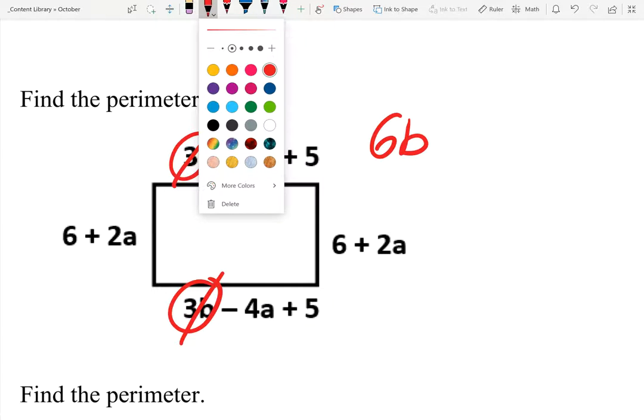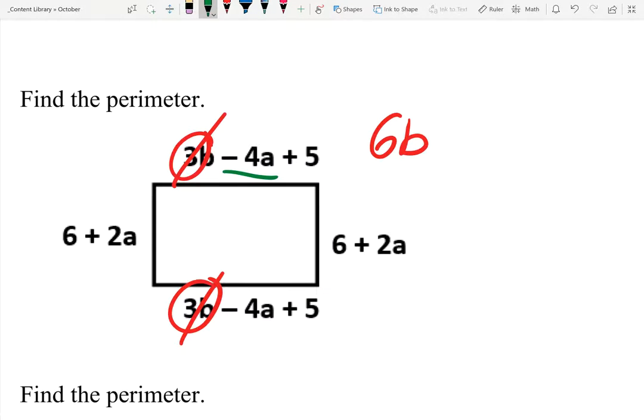Now let's combine our a's. So our a's, I have negative 4a plus 2a minus 4a plus 2a. So when I add those up, negative 4 plus 2 is negative 2. Minus 4 is negative 6. Plus 2 again would be negative 4. So it would be a negative or minus 4a.